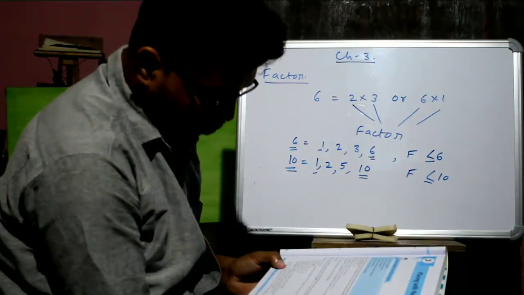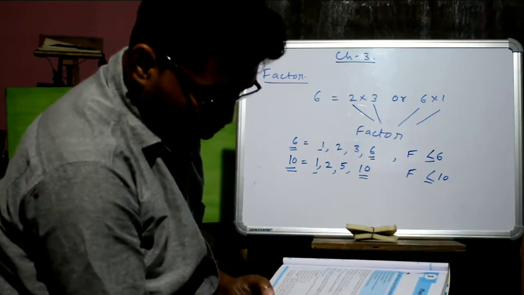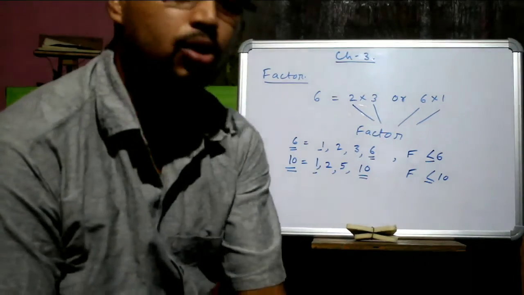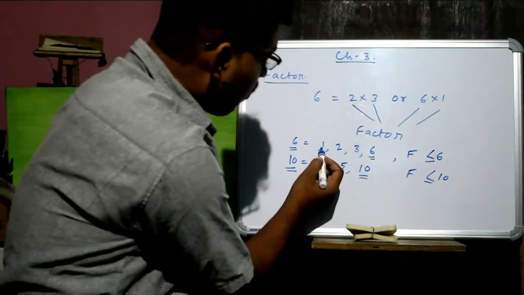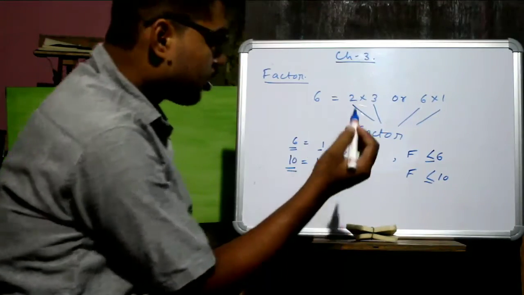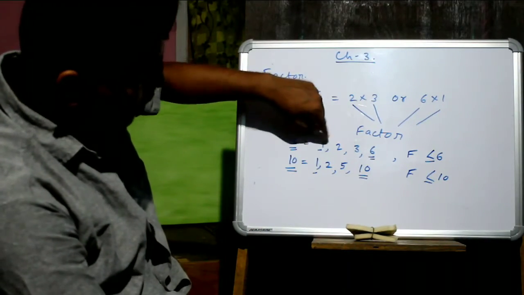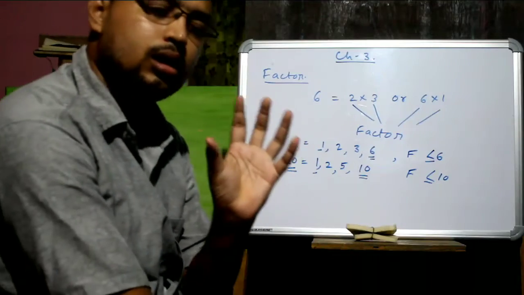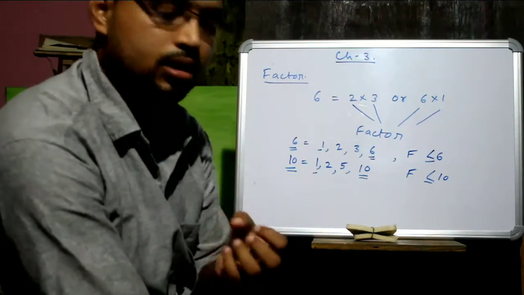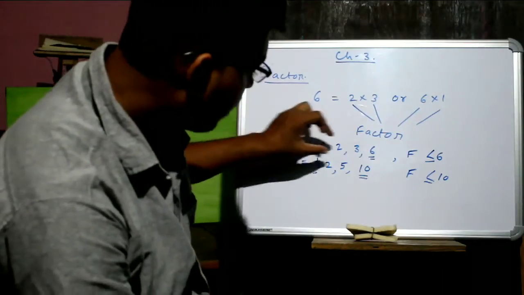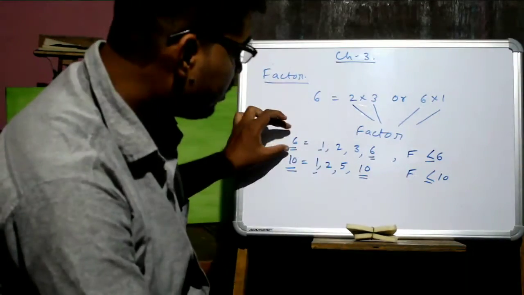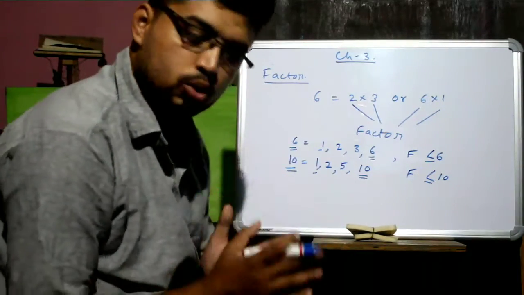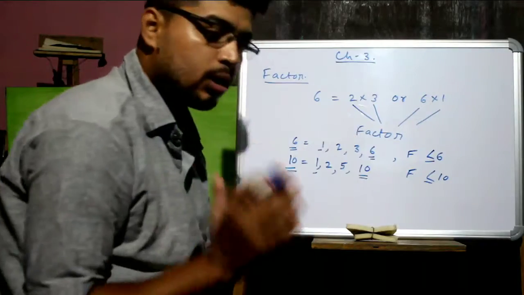Next, every factor of a number is an exact divisor of that number. 1 is an exact divisor of 6, so if we divide 6 by 1 we get an integer. If we divide 6 by 2, we get 3. If we divide 6 by 3, we get 2. If we divide 6 by 6, we get 1.